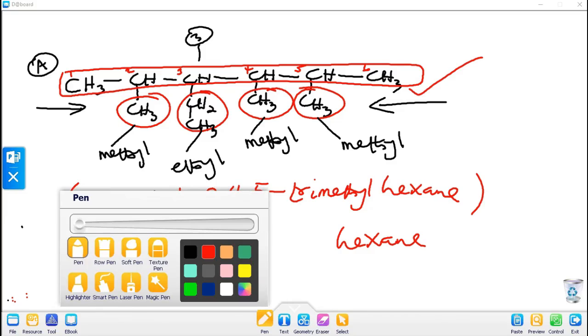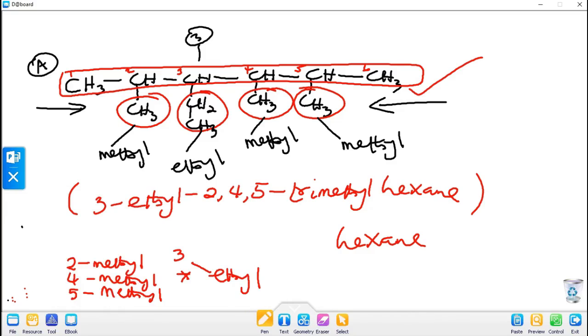Since ethyl is attached to the third carbon atom, we will have to carefully pen down the names and the positions of these side chains. Beginning from ethyl, why do we have to begin from ethyl? Ethyl begins with the letter E. We begin with ethyl because alphabetically E comes before methyl, that is M, or even before T, trimethyl.